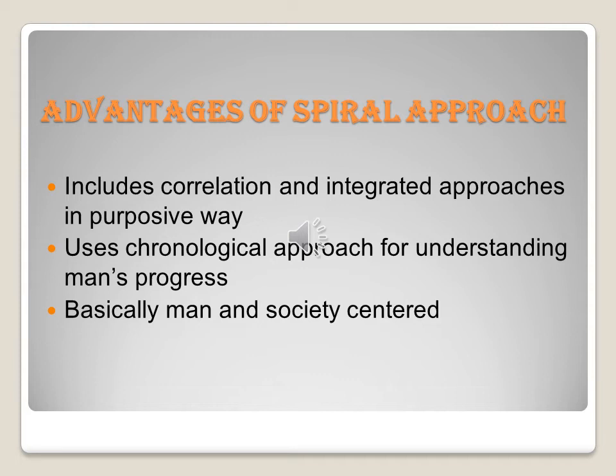The second one is that it uses a chronological approach for understanding man's progress, so the subject matters are arranged according to the timeline. The third one is that it is basically man and society centered.